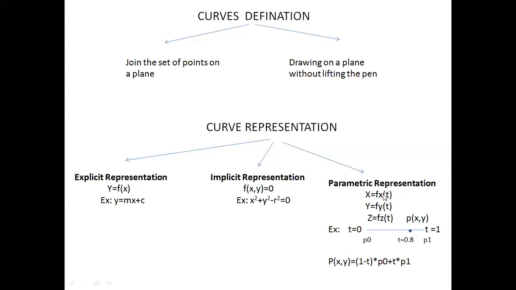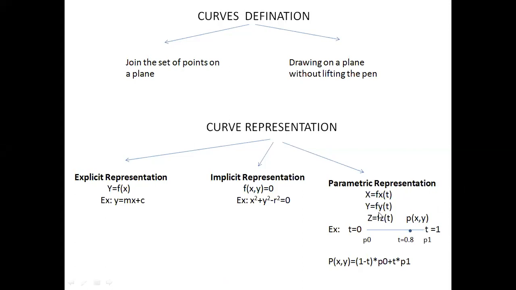What you have seen till now, x, y, z, are direct values. You give x, y, and I can plot a point. That is what you have seen in explicit representation and implicit representation, that is non-parametric representation, where I don't use any functions which use parameters. But whenever we talk about a curve, we represent the curve with parametric representation.